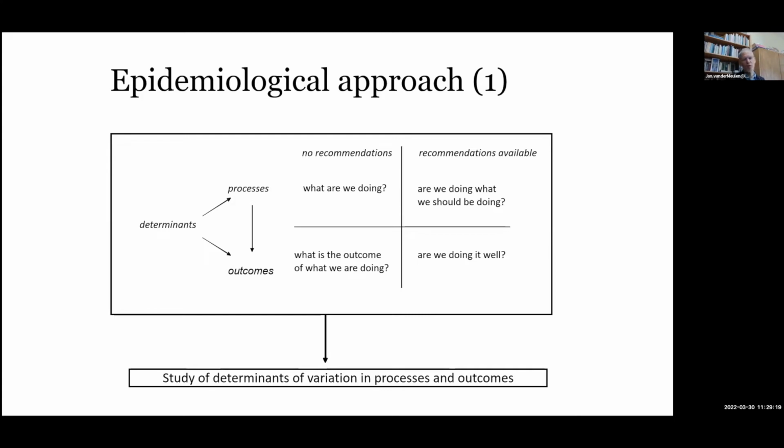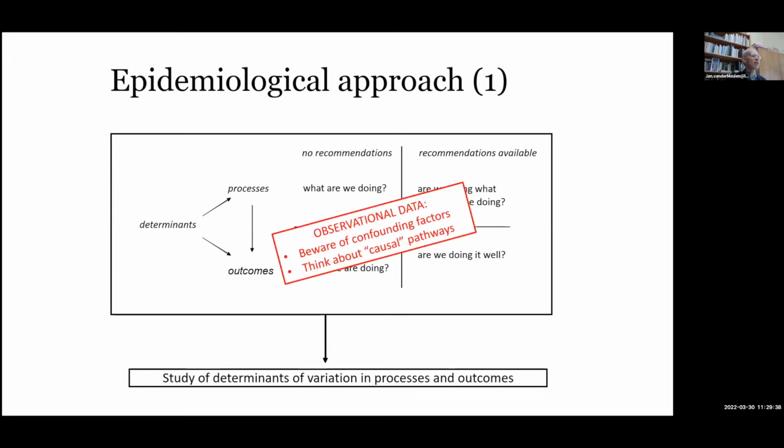And outcomes are, of course, always important as well. What is the outcome of what we are doing in the context of no recommendations? And if there are recommendations about what should happen, then the questions turn into something like, are we doing it well? But thinking about determinants of variation in processes and outcomes, I think, is really, really helpful.